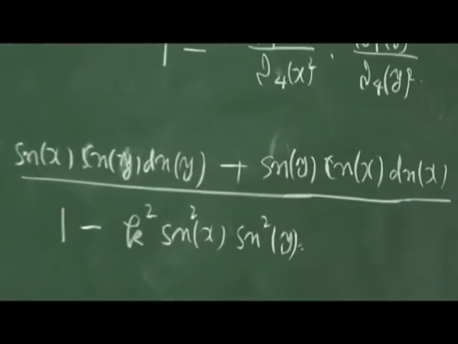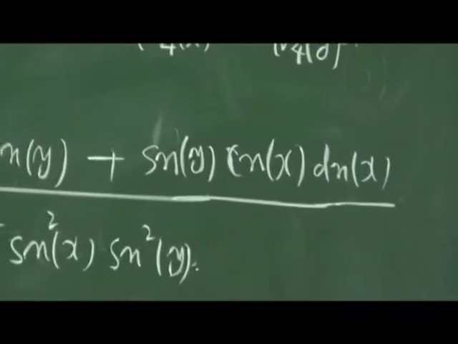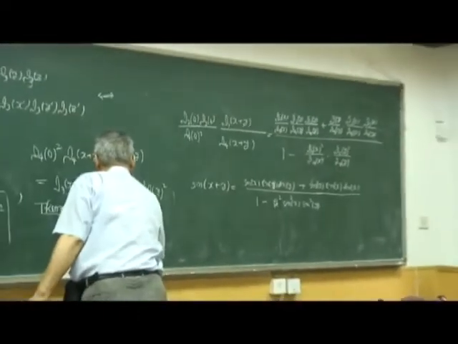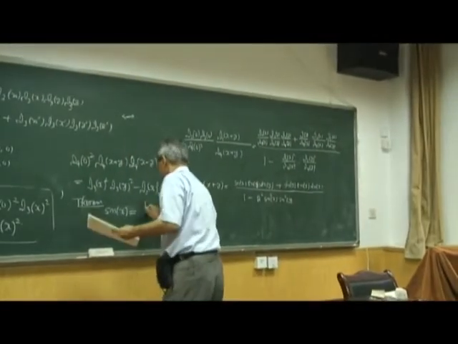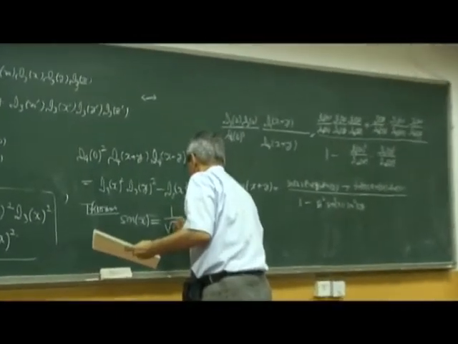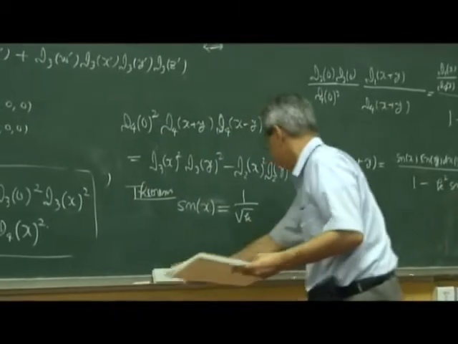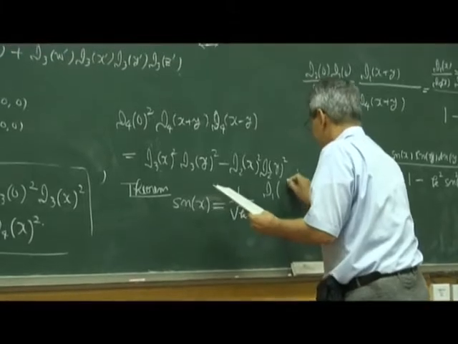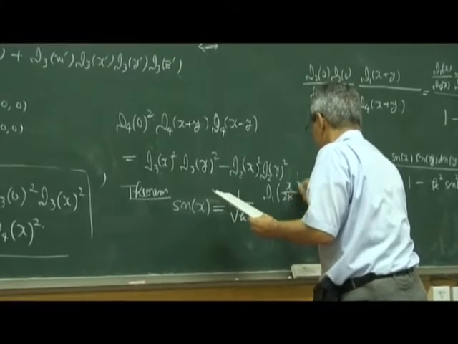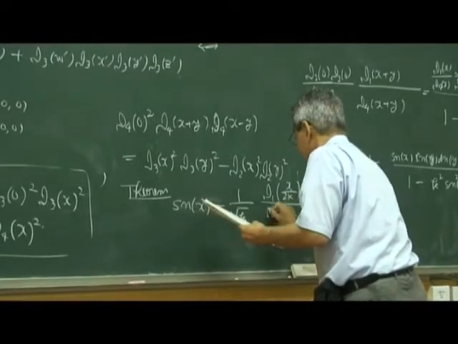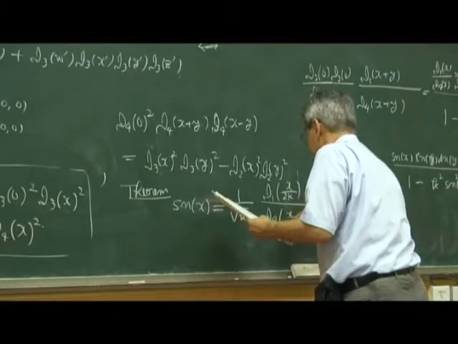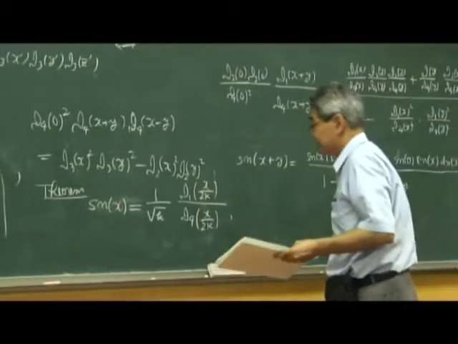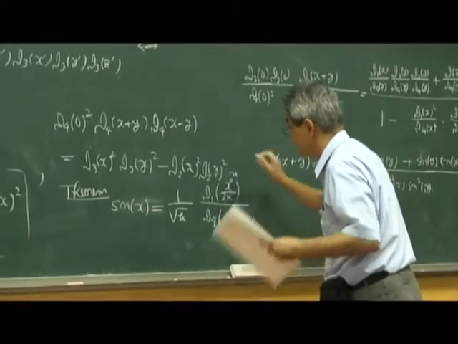So actually, our original Sn x is given by the theta 0 and theta 1 of x over 2k, theta 4 of x over 2k. So you have to slightly change the variables. So this is actually the u originally.